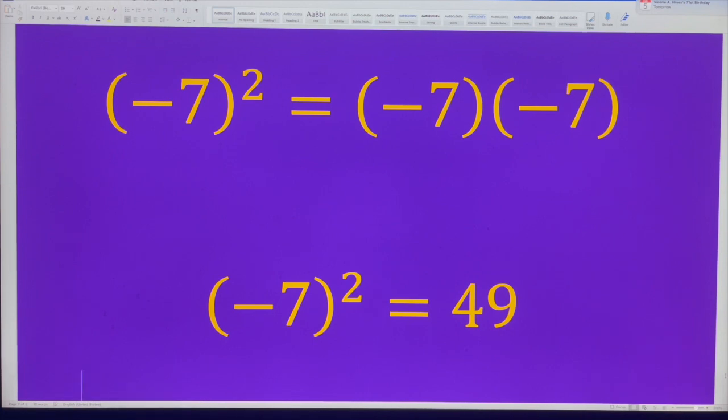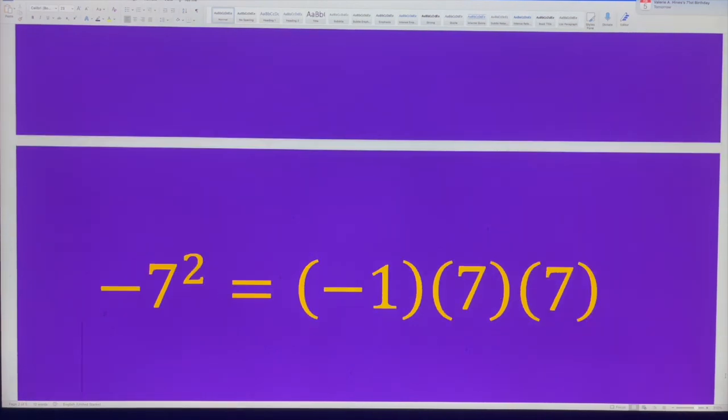So in this case, -7 times -7 is 49. Or if you want to sound educated, you could say the product of two negative 7s is 49. Now let's move to the other expression I gave you. What about this guy right here, negative 7 squared?